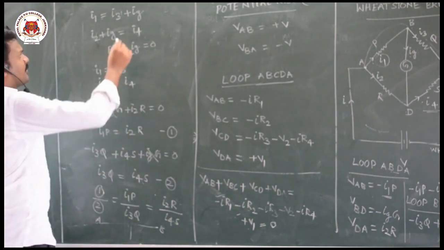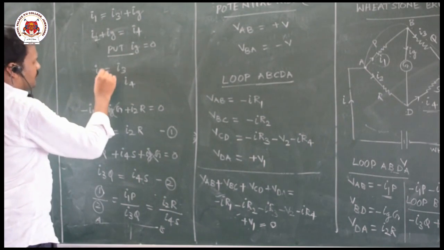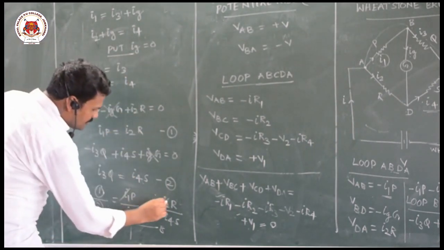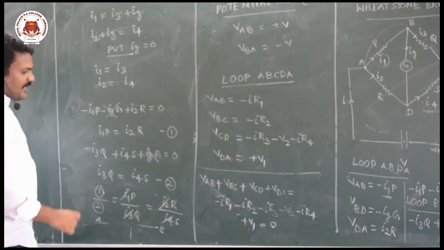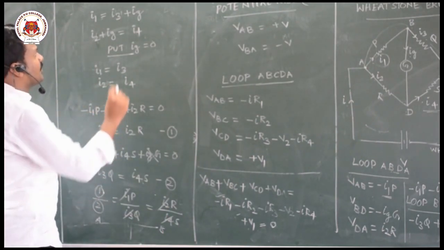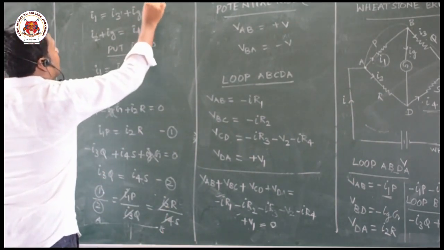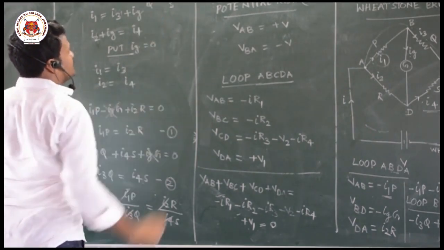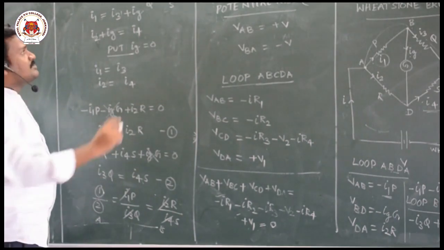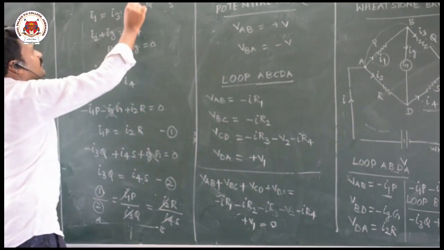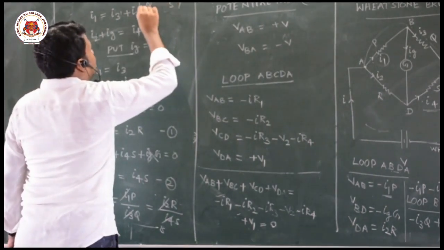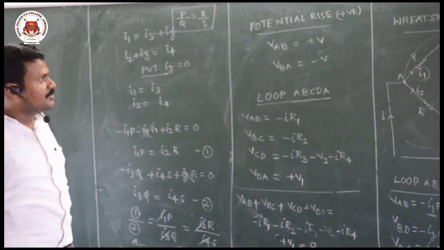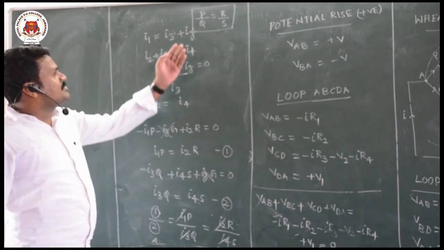But you know I1 is equal to I3, so these two get cancelled. I2 is equal to I4, these two get cancelled. So under the balanced condition, you get P by Q is equal to R by S. This is the balanced condition of a Wheatstone bridge. You have to derive this formula in theory exams. This is all about the Wheatstone bridge.